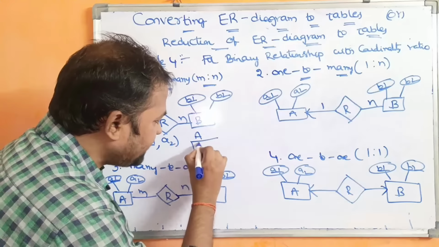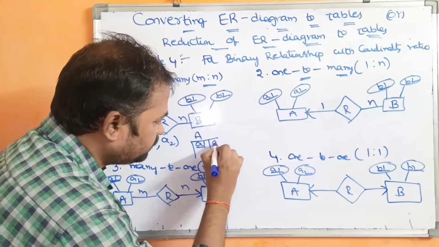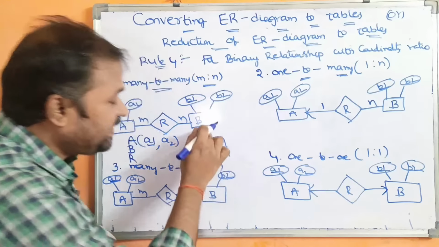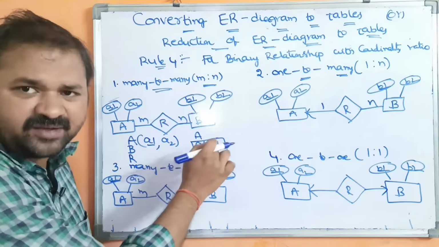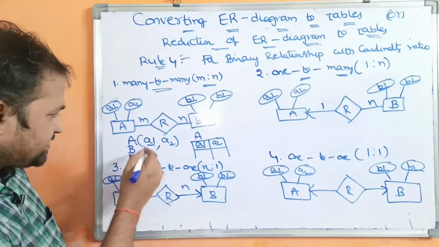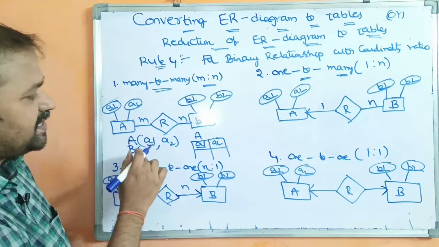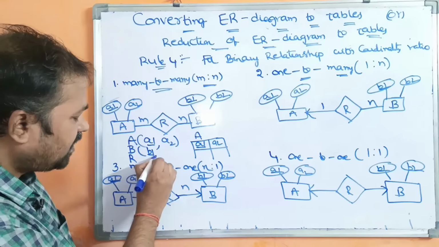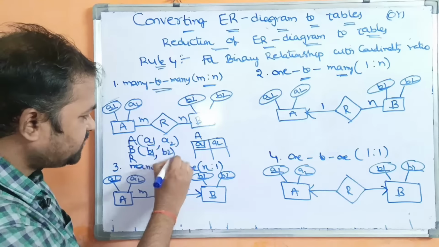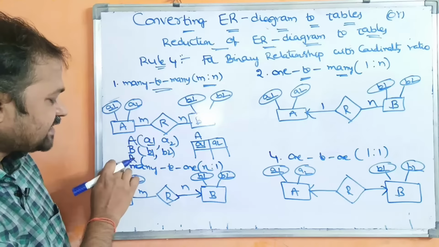The A table has attributes A1, A2. We can call these attributes or columns or fields. Likewise, the B table has columns B1 and B2, where B1 is the primary key. And this is the third table.